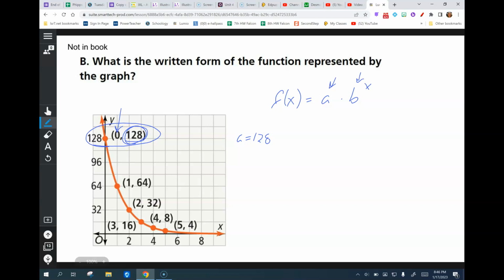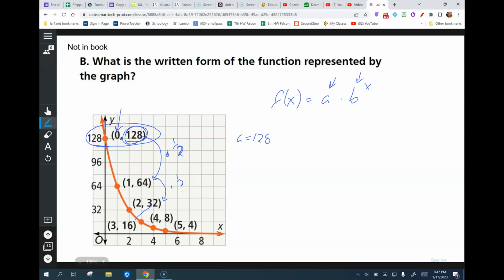Okay, but moving on, b is the ratio. What is it changing? What do I do to 128 to get 64? Looks like I multiply by 1/2. And we always have to find the multiplication because it has to be a multiplication in our form. What do I do to 64? I multiply by 1/2. Now look right here.